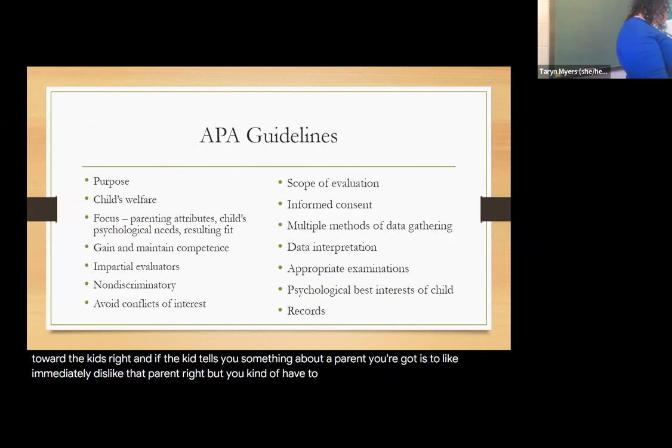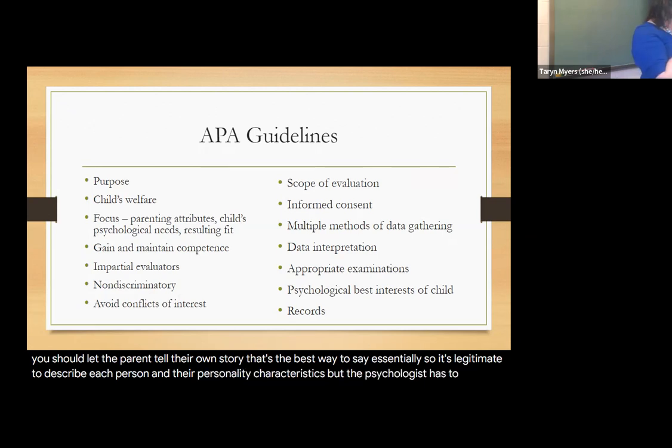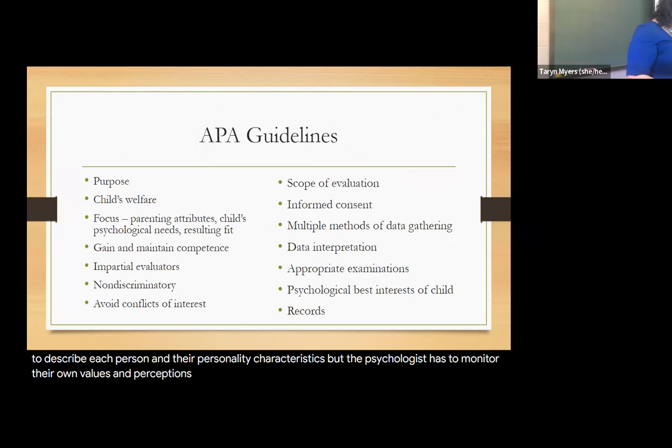But you have to give the benefit of the doubt, and expect that you should let the parent tell their own story. That's the best way to say it, essentially. So it's legitimate to describe each person and their personality characteristics, but the psychologist has to monitor their own values and perceptions as they go forward.